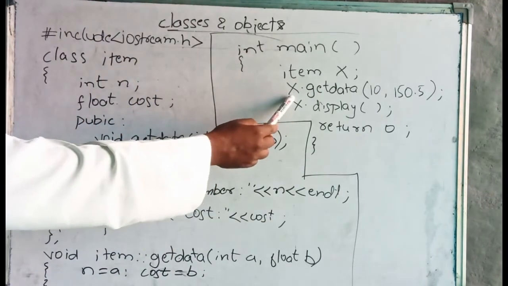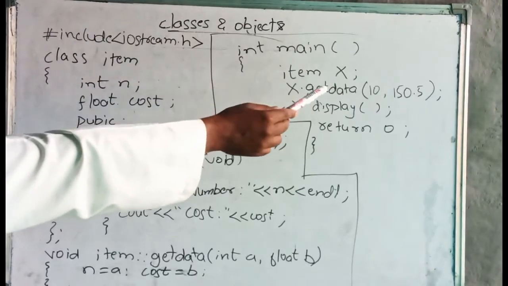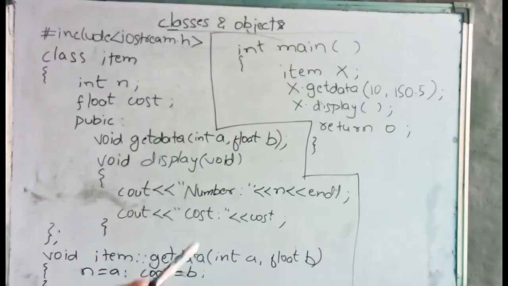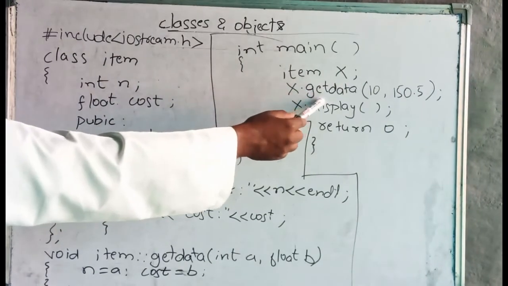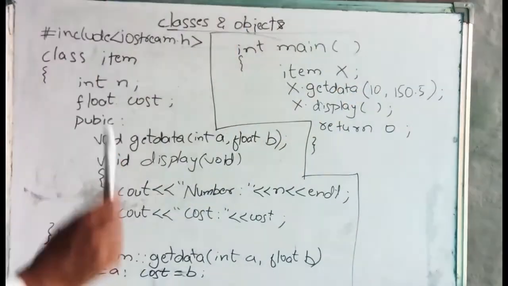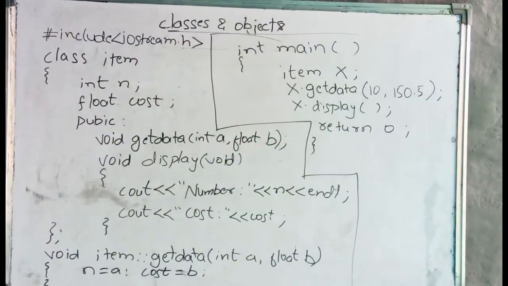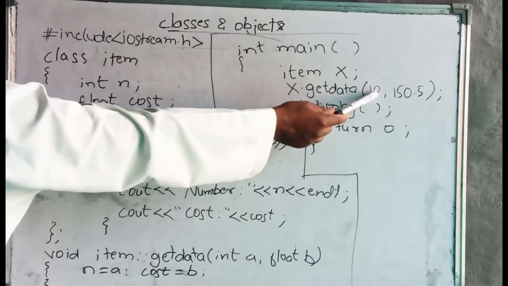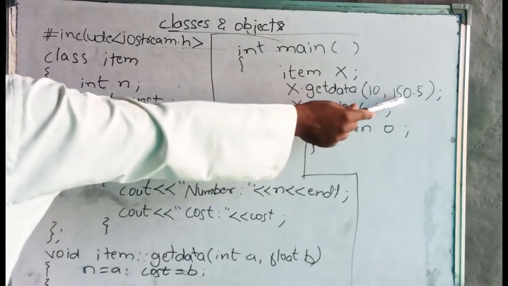Now by using the direct access operator, we call the function. First, remember x dot getdata, we are calling the function. Here we are passing the values. Remember, while calling the function we pass the values if any arguments are there. I am passing two values here, 10 and 150.5, because one is integer type and the other is floating point.